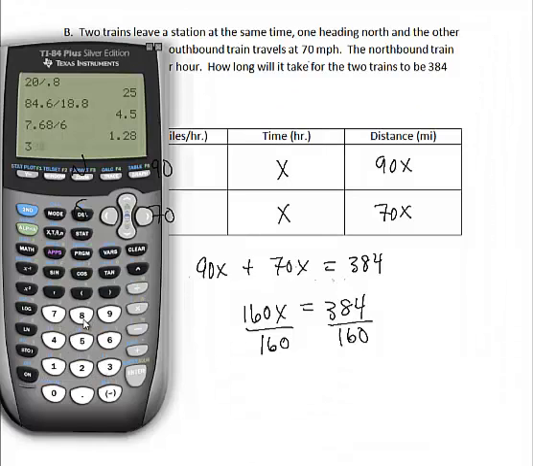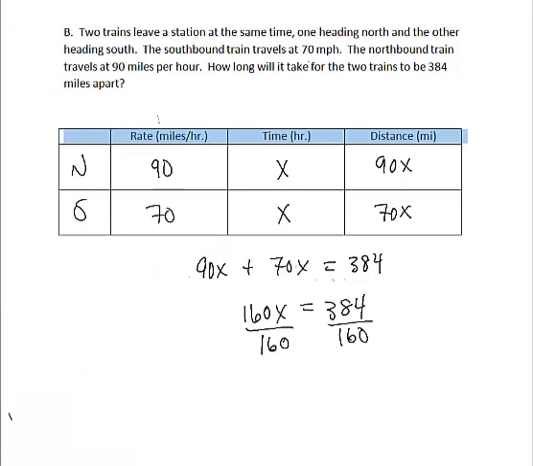So 384 divided by 160 equals 2.4. X equals 2.4, and we used x as a time, so this is hours. Okay, how long will it take the two trains to be 384 miles apart? 2.4 hours. We've answered the question.